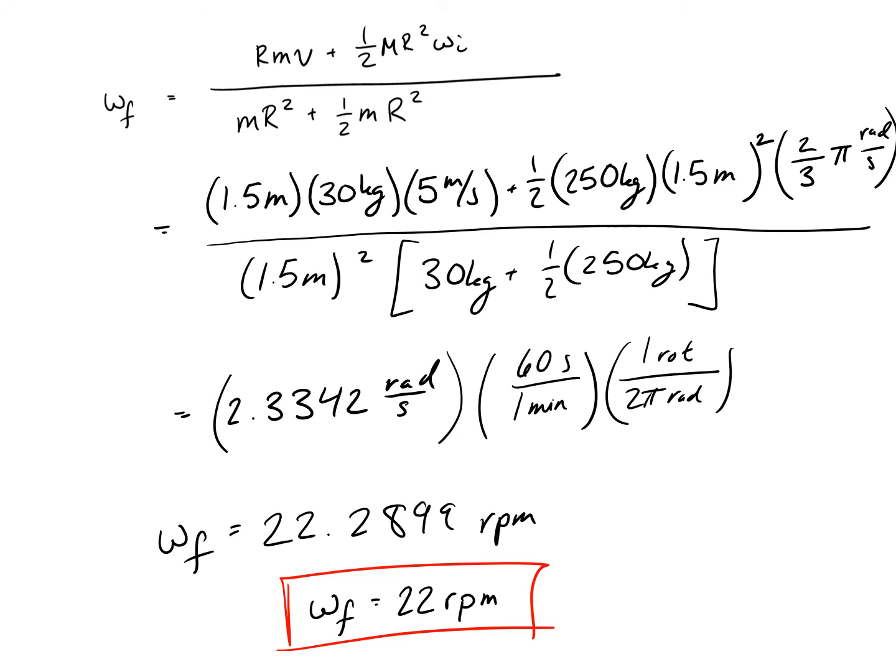So in this example, we have combined linear and angular momentum in the same question. We're going to do that again with the next example, but it's a very common type of question we will be seeing in this class. We have both types of momentum. We need to convert both into angular momentum in order to do conservation of momentum.